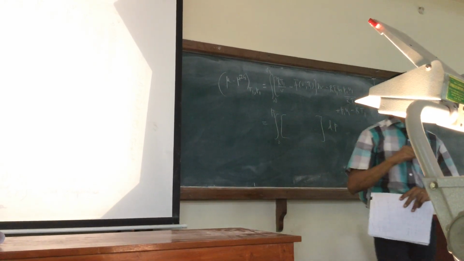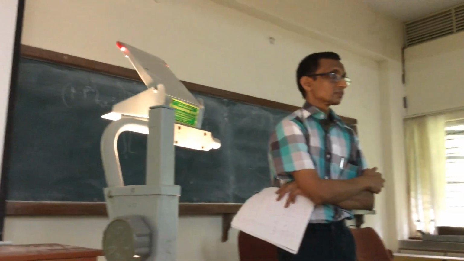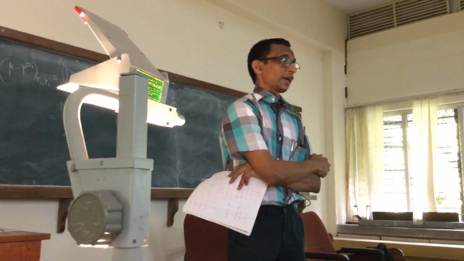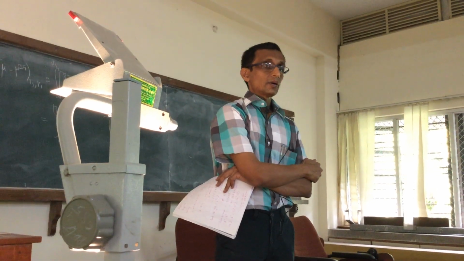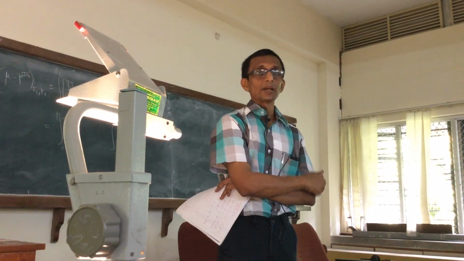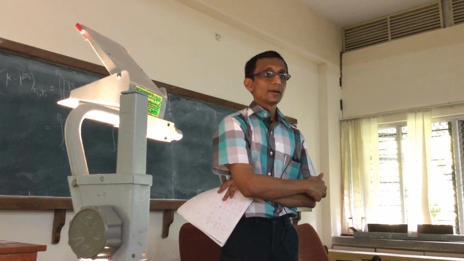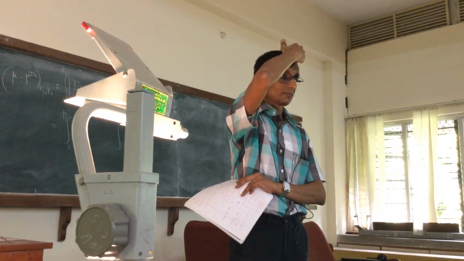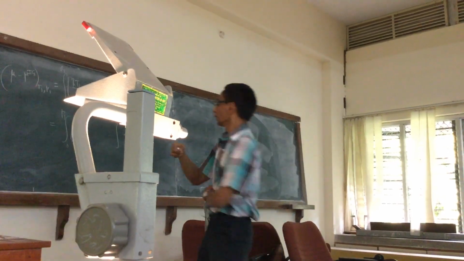how would it look like? We have seen the general formula for any property. If I want to express a departure function, it's the integral of (dμ/dP minus dμ^ig/dP), integrated from 0 to the required pressure at a given temperature. So what is dμ/dP?